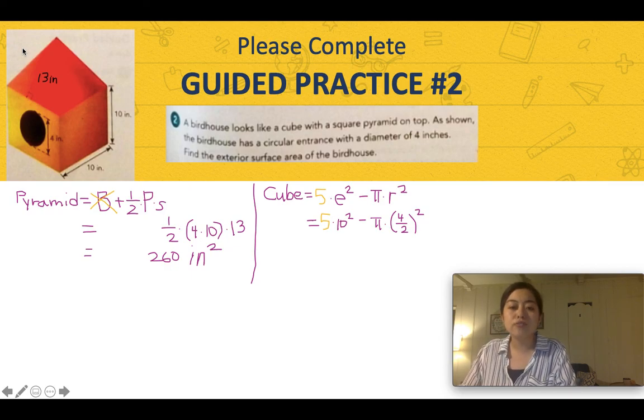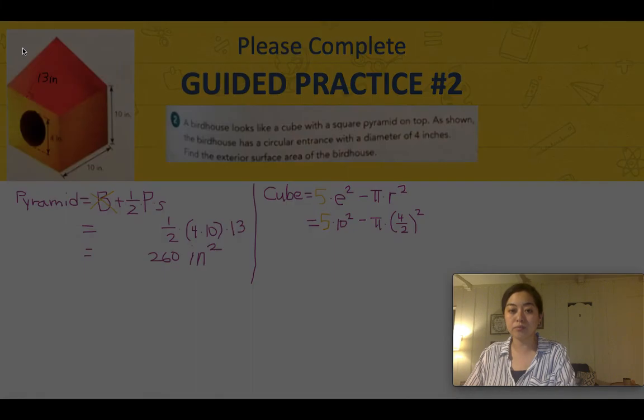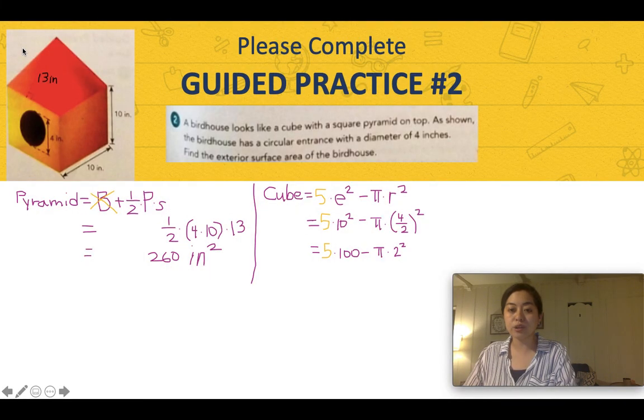And to find the radius, even though we're not given the radius, we're given the diameter, the radius is only half of the diameter, so that's why I did 4 divided by 2 for the radius. And that'll eventually work out to this, which will eventually work out to this.